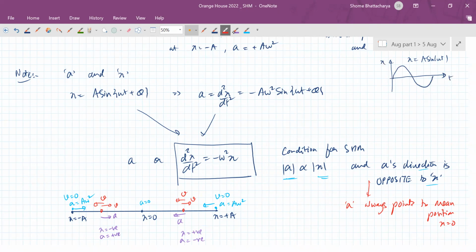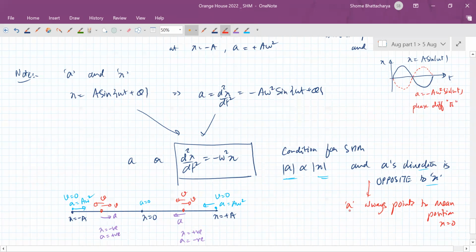So the acceleration will be minus a omega square sine omega t. That one will look like this. So at the mean position, both are zero, but otherwise they are opposite. So there's a phase difference of pi. Okay, so hope this is also clear, people.